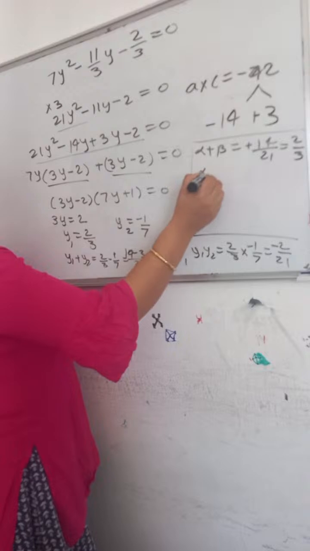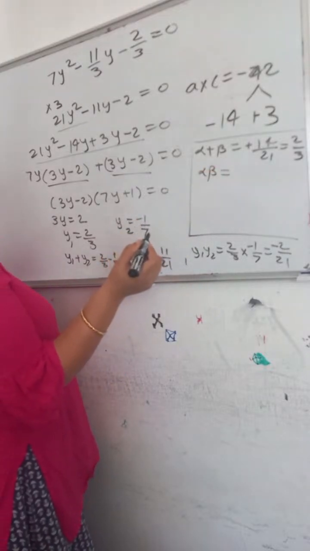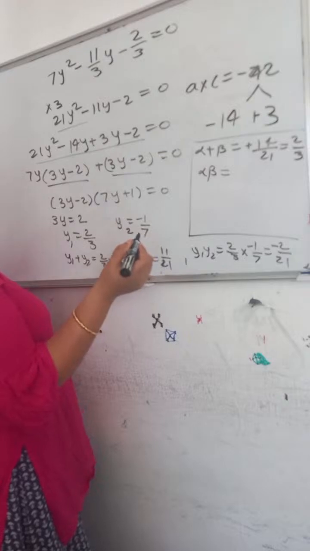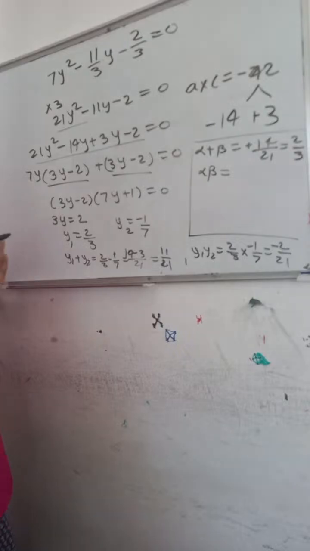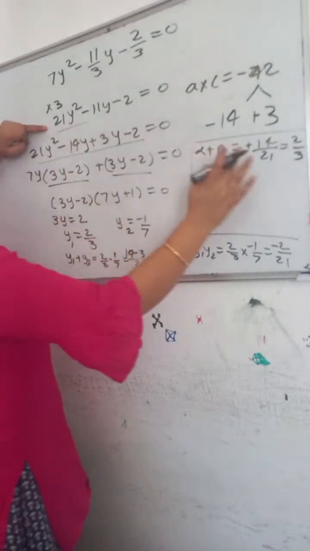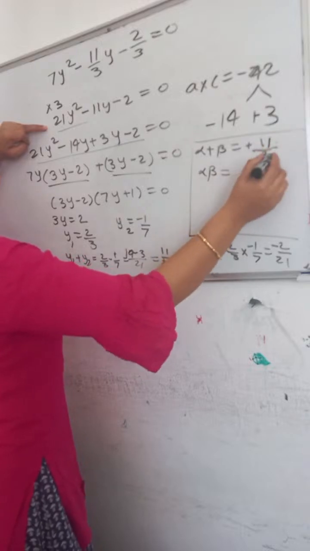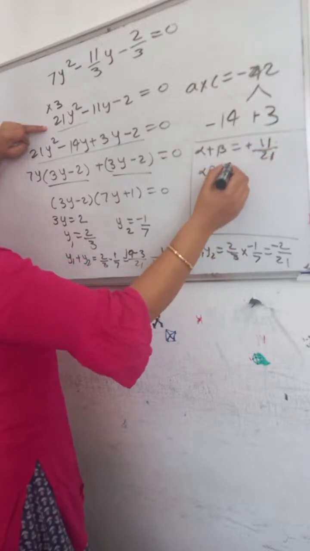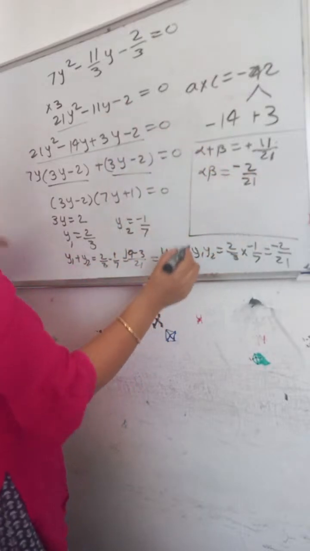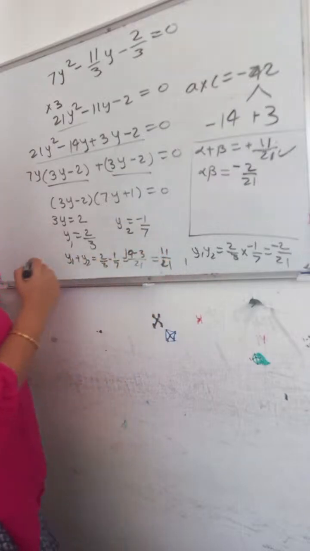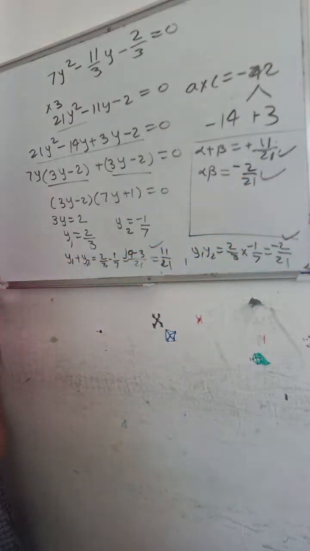And the product of the zeros, alpha beta, is nothing but how much? 2 by 21. Oh, I made a mistake here. Minus 11, no? Here 11 by 21, which is positive, and alpha beta is minus 2 by 21. So yes, this sum and this sum are the same, and this product is also the same.